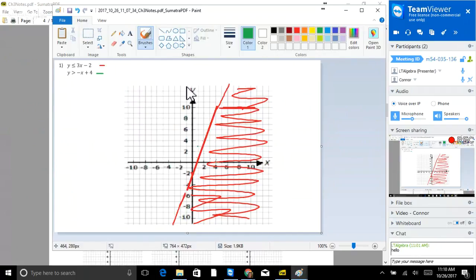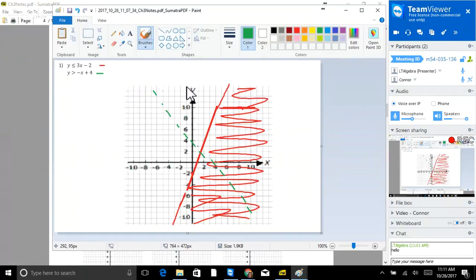Now, what's going on with this line is that when I draw it, I'm going to have to draw it by hand because this line is dashed, because I don't have the greater than or equal, I just have the greater than sign. So it's actually not along that line. All right.